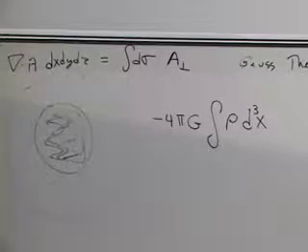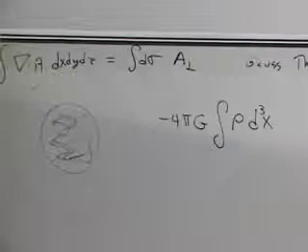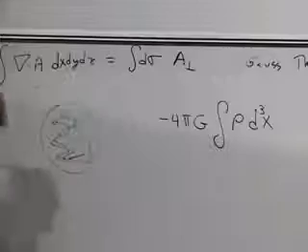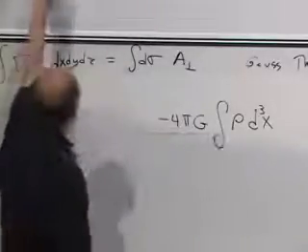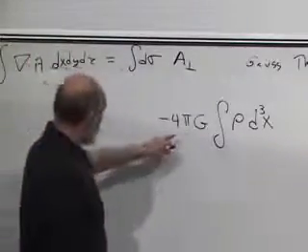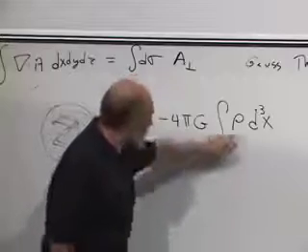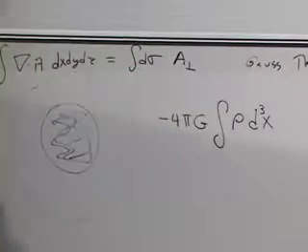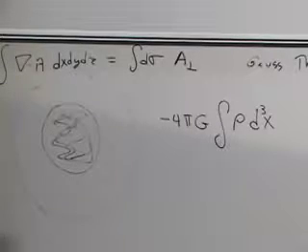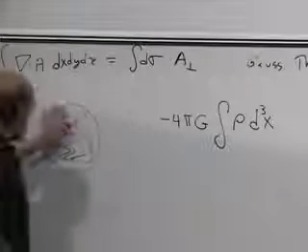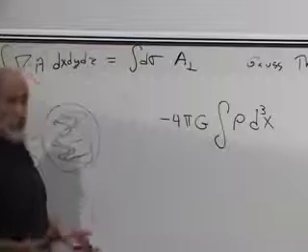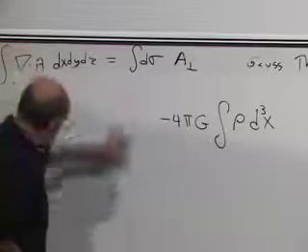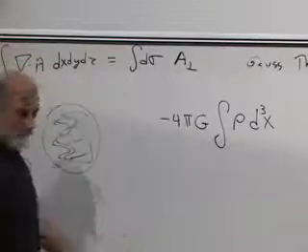The minus 4 pi g can come on the outside of the integral since it's only a constant, and the integral itself is just what you see here. Now what's the integral of rho over volume? That's the mass. Integrating up the mass density just gives you the mass enclosed, the mass enclosed within the red sphere.